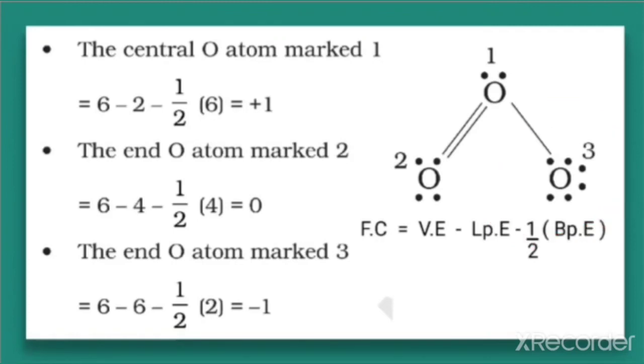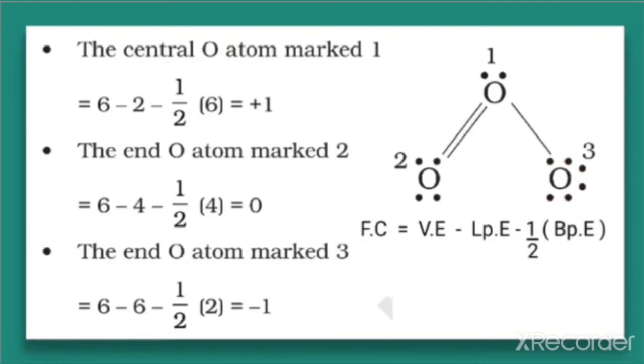In the Lewis structure, this oxygen atom, the valence electron is the same, that is 6 because it belongs to group 16. So 6 minus, and the lone pair electron here? Count the dots here. When you count it, that is 1, 2, 3, 4, 5, 6. 6 dots are there. So lone pair electron is equal to 6.